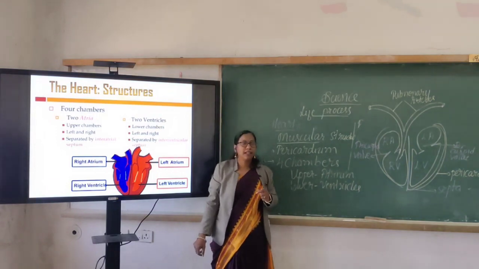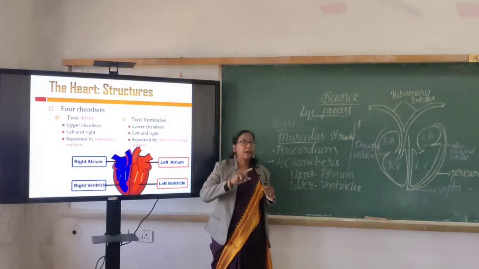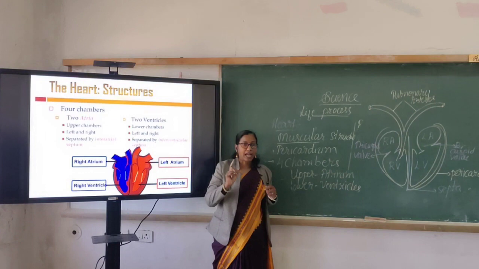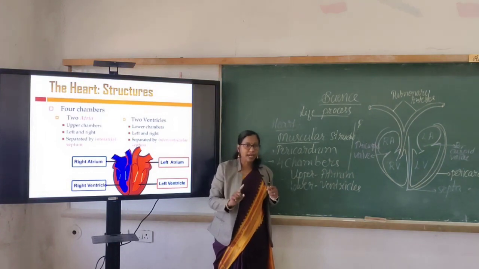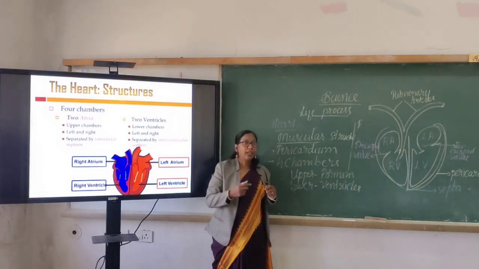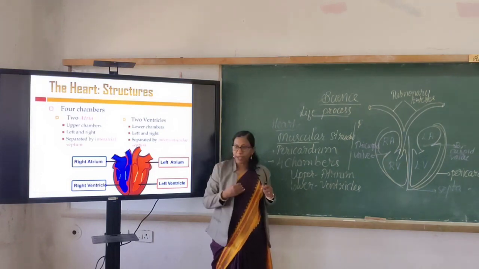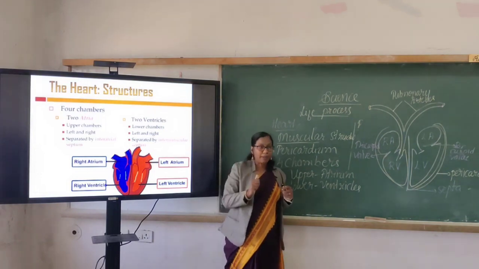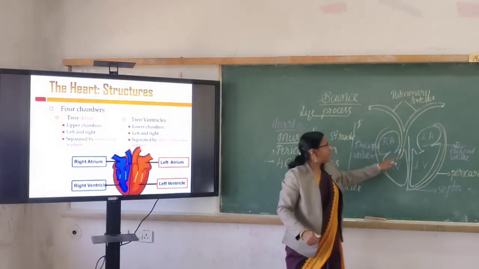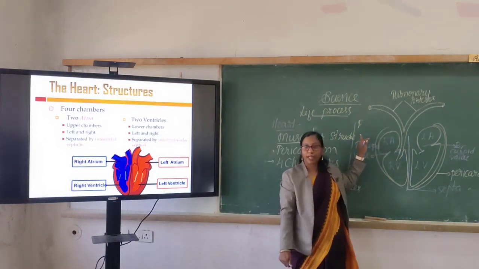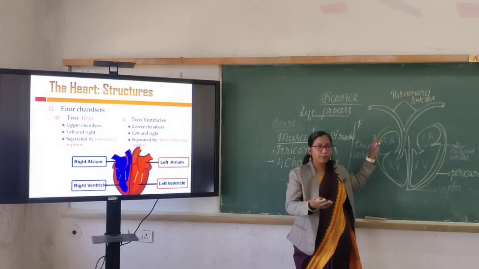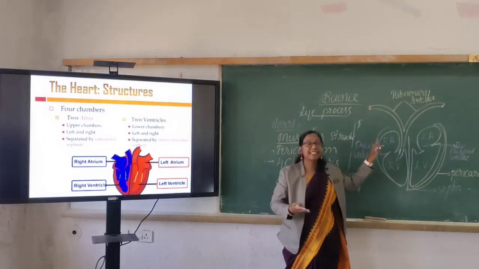Deoxygenated blood means carbon dioxide rich blood. As I said, do you remember? Once oxygen is given to the cells, carbon dioxide will be brought back. Correct? So what will happen to the carbon dioxide? Carbon dioxide has to be given to the lungs because it has to be exhaled.